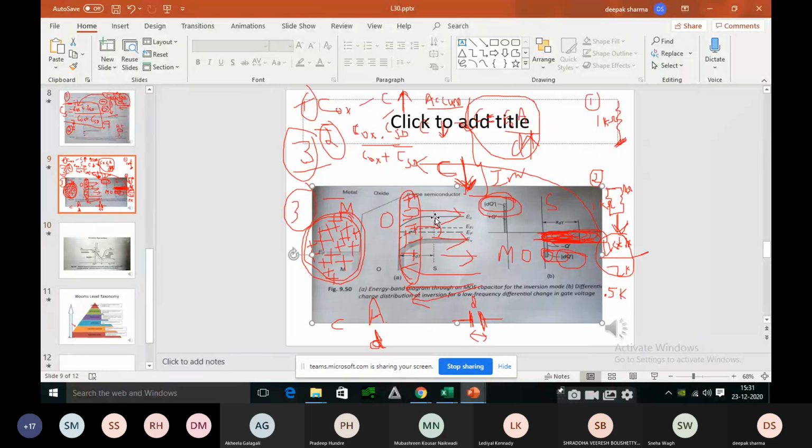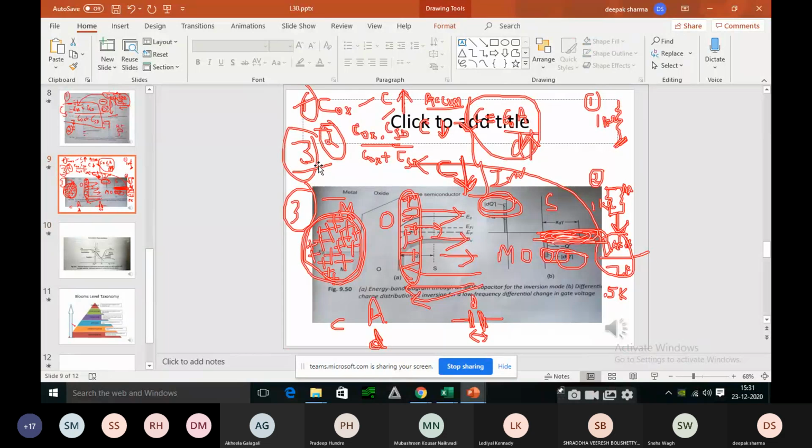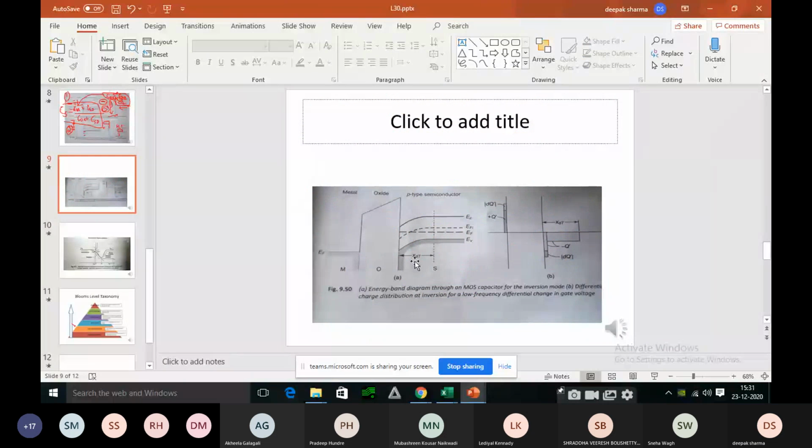So this diagram, what it is telling, some Q charge is developed here, correct? And when we change the voltage, there will be a change in the charge, dQ. Q is the charge developed with the positive potential. dQ is the change in the charge, correct?